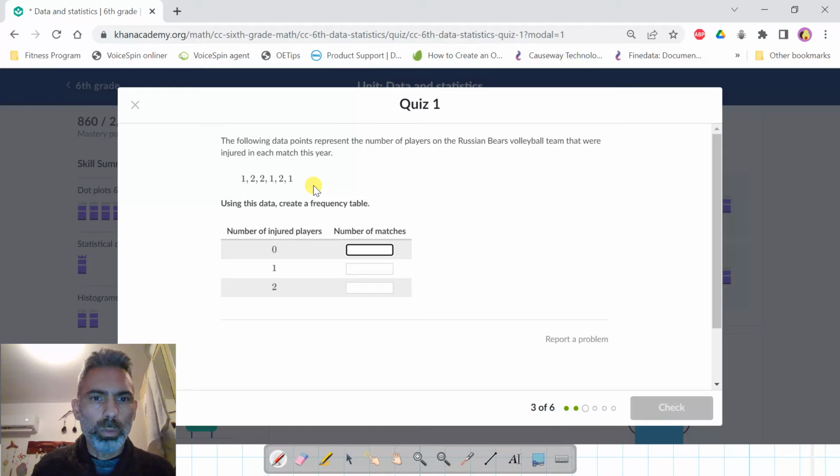Okay, so there were no matches where players were injured, so 0 matches had 0 injured players.